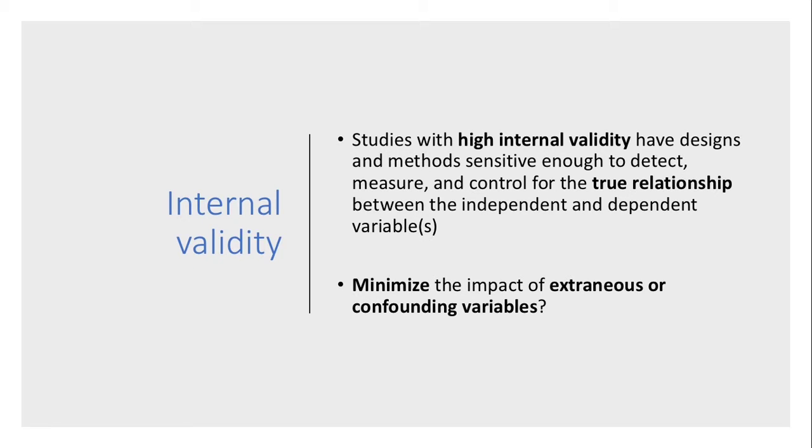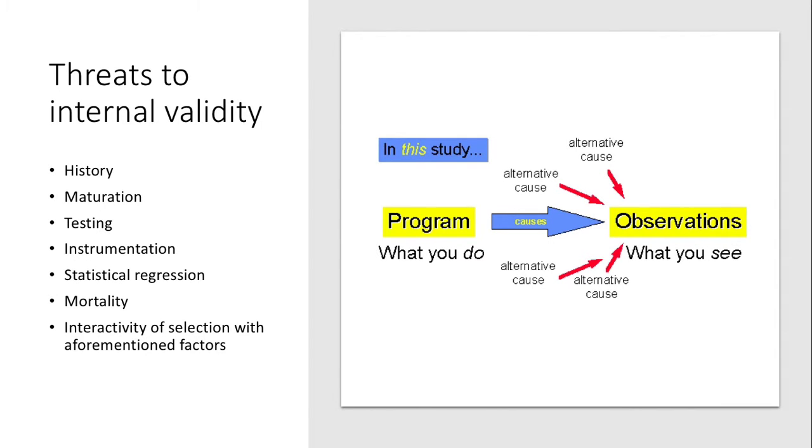So that's something you have to look for. What are some threats to internal validity? One is history, maturation, testing, instrumentation, statistical regression, mortality, and there can be an interaction of all of the above. And we're going to talk about each of these here in just a few minutes.